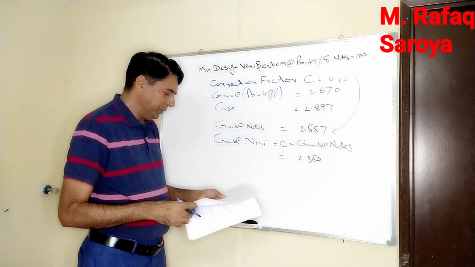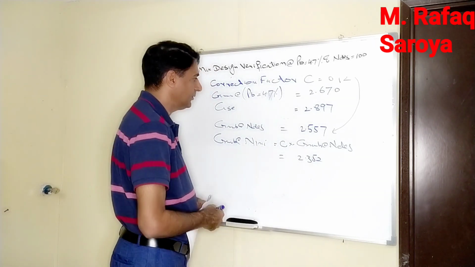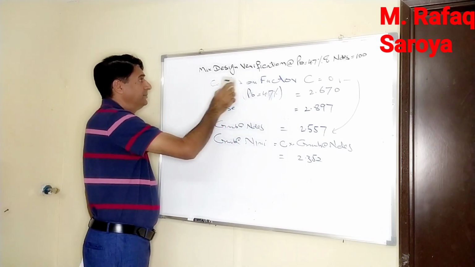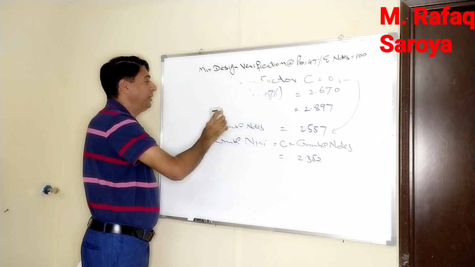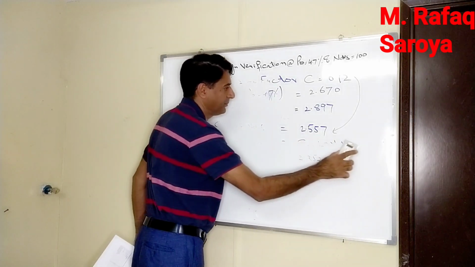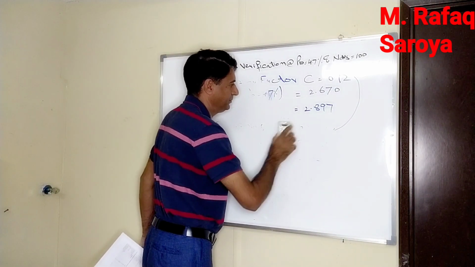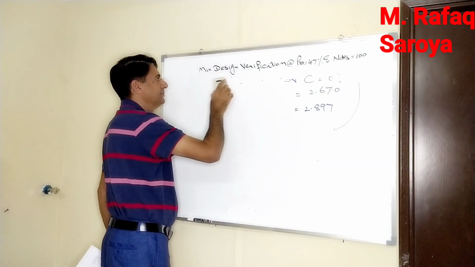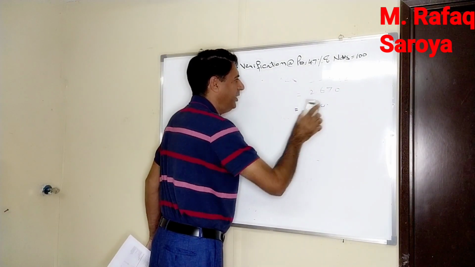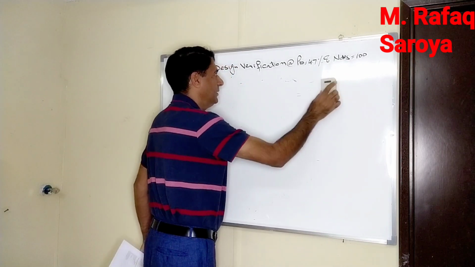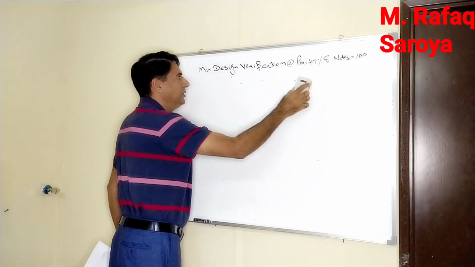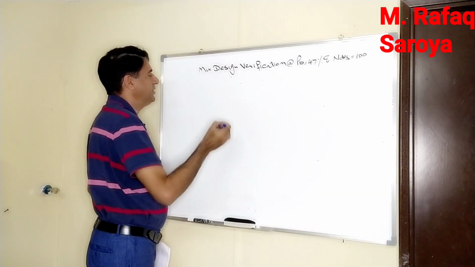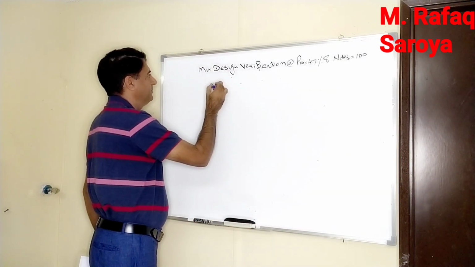Now, after writing these values, we have to go to our other volumetric properties. From these volumetric properties, the first value being taken over here is the air voids, VA.